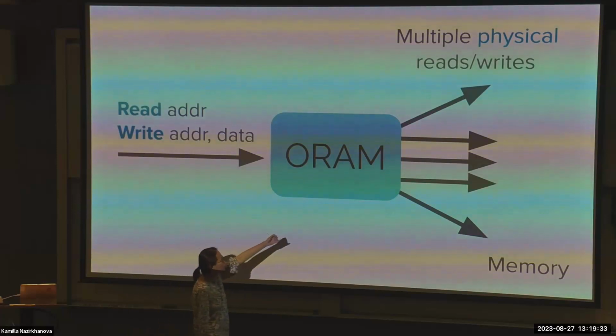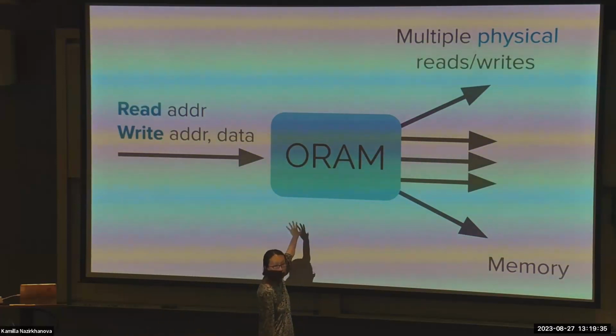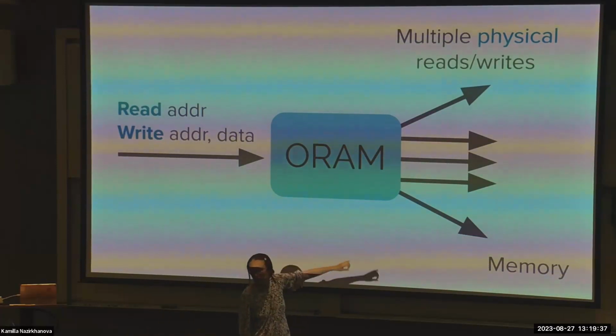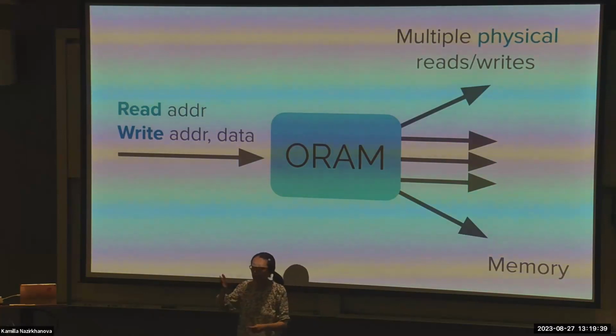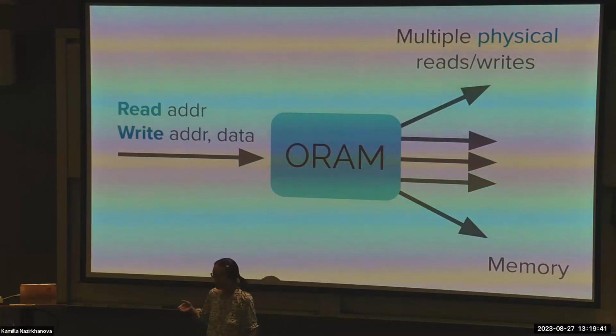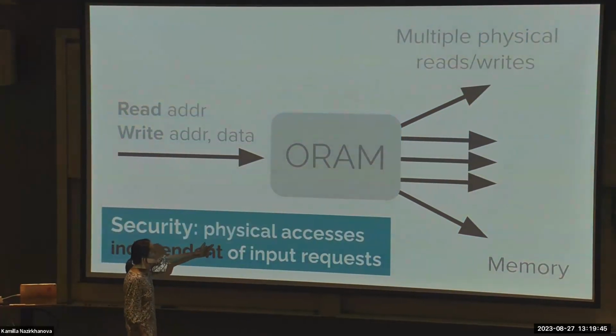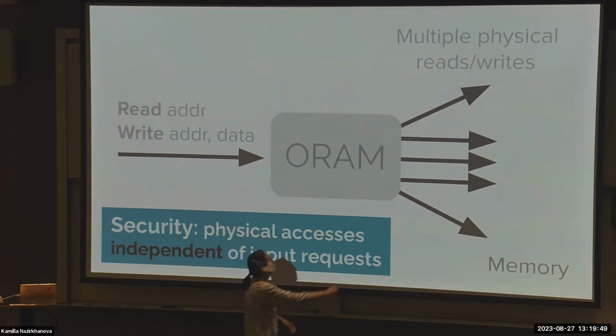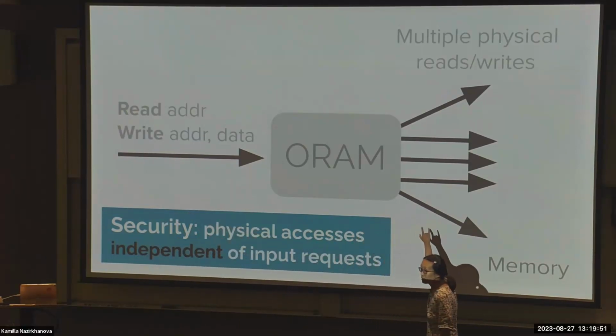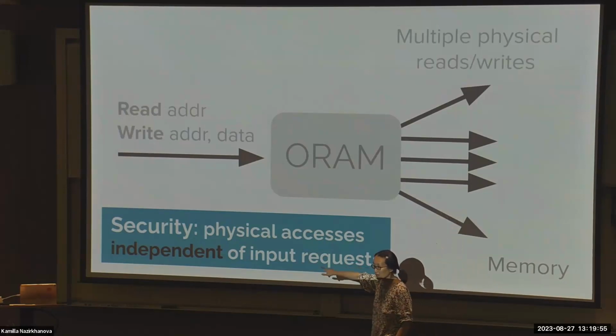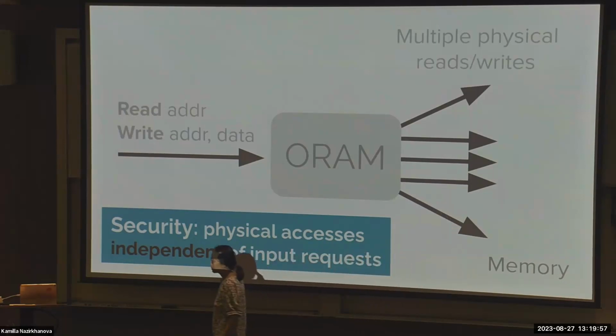ORAM will translate these logical requests into a sequence of physical requests. So one request may be turned into multiple physical requests. And the security it offers is that essentially, no matter what logical request you have, the sequences of physical requests are indistinguishable. So in some sense, the physical accesses are independent of the input requests.